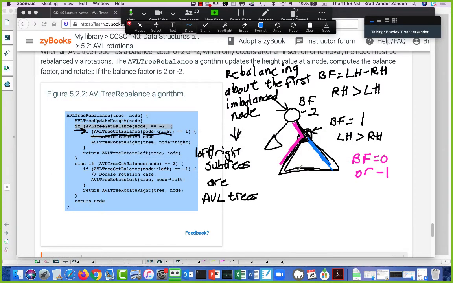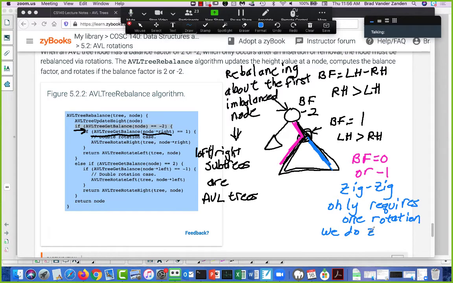Now, if the balance factor is 0, it really doesn't matter whether it's zigzag or zigzag, but because zigzag only requires one rotation, we do a zigzag when the balance factor is equal to 0.